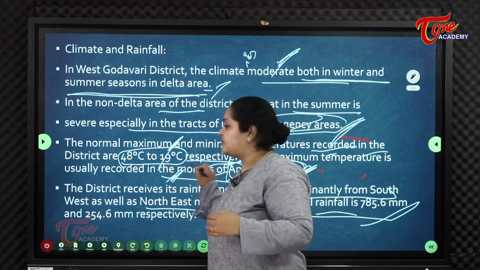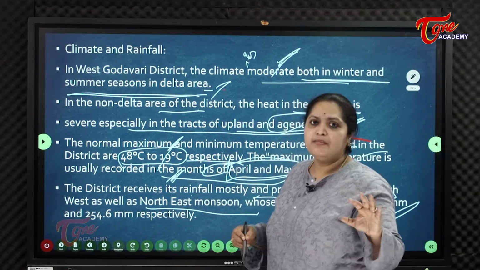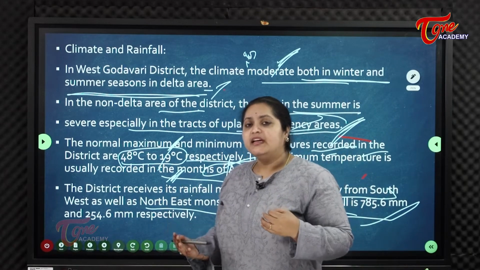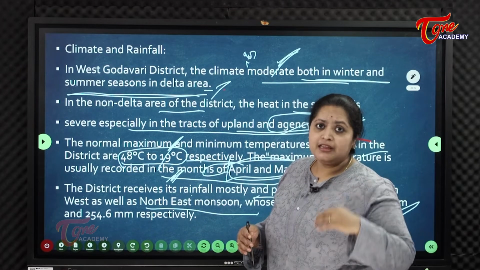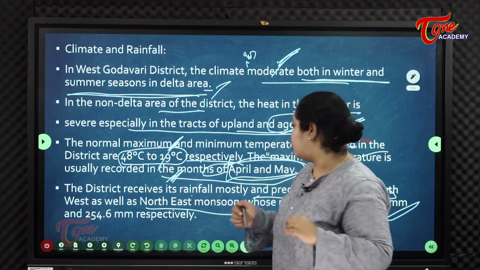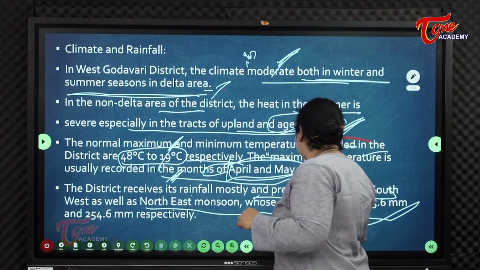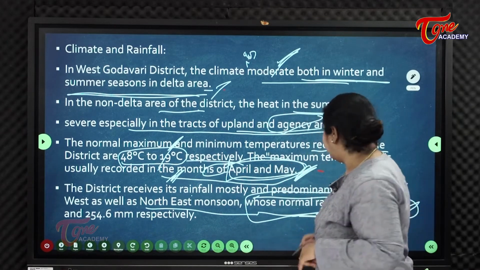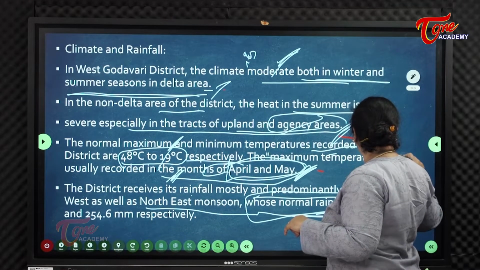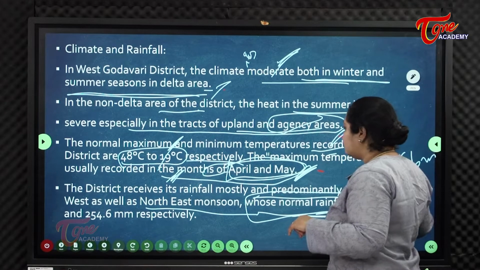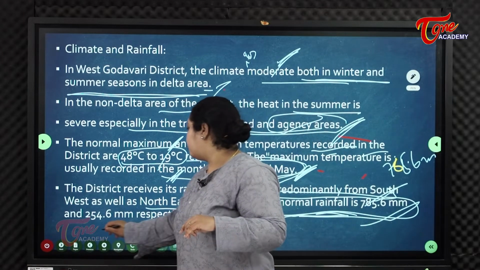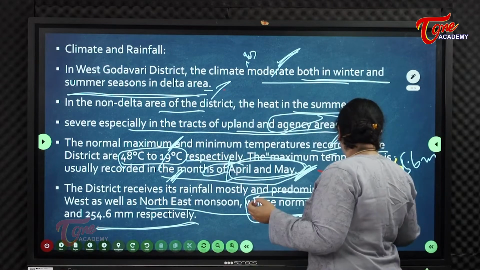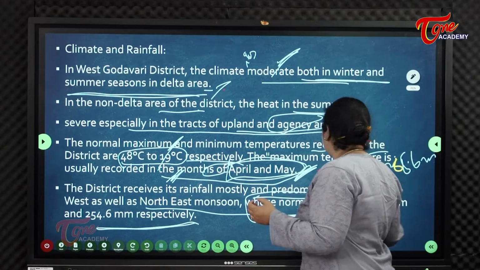West Godavari district receives almost maximum rainfall in the southwest monsoon.